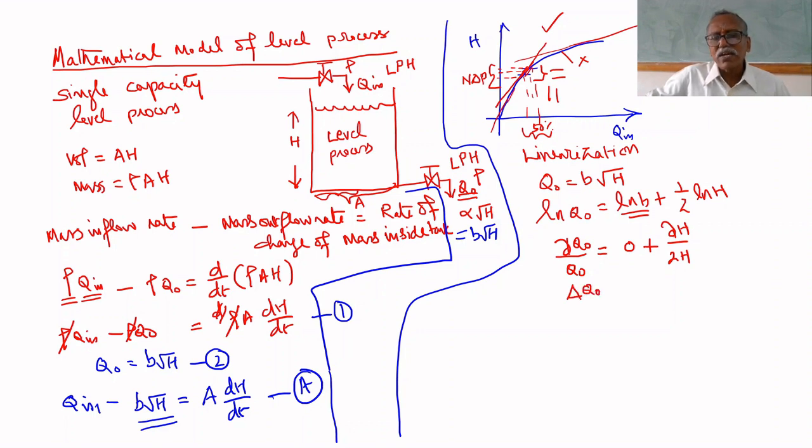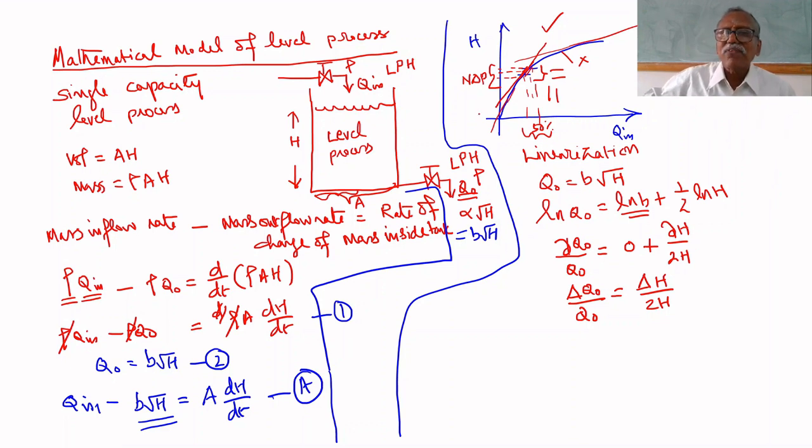Therefore, delta Q naught divided by Q naught I am writing. This infinitesimal change is true for small changes. Delta Q naught means a small change in Q naught, and that is measurable. But dou Q naught is not measurable, so we are assuming that dou Q naught is approximated by delta Q naught.